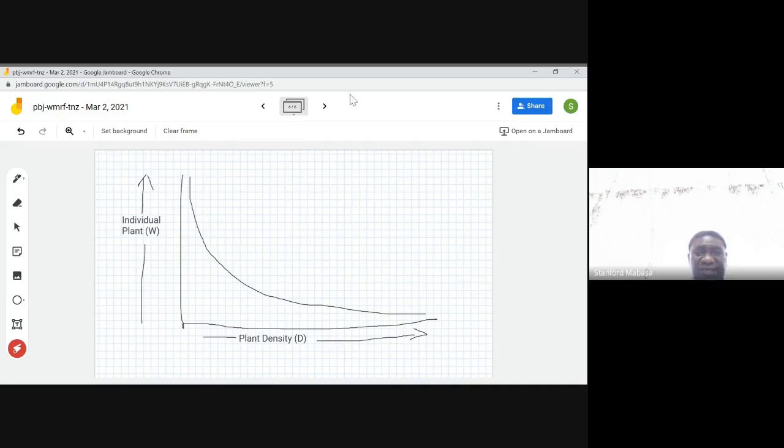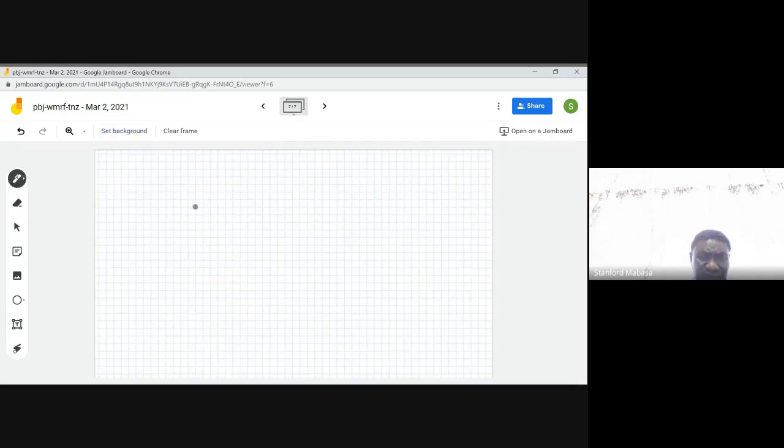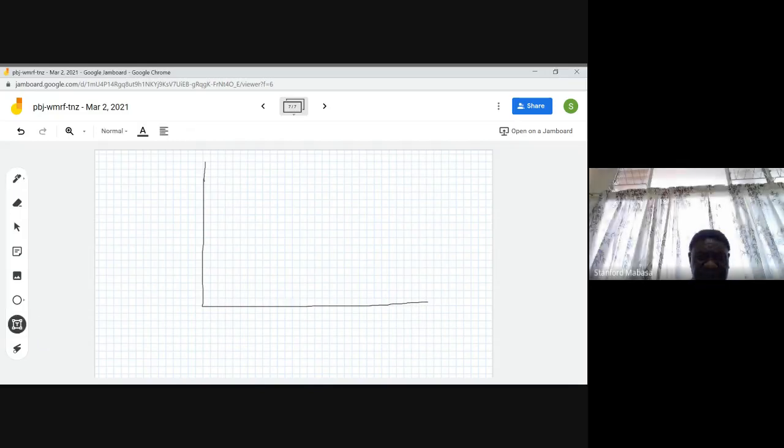And this is what we are interested in. Again, I write plant density here.